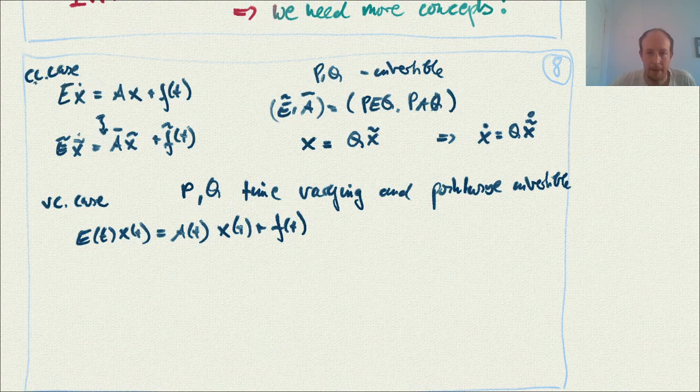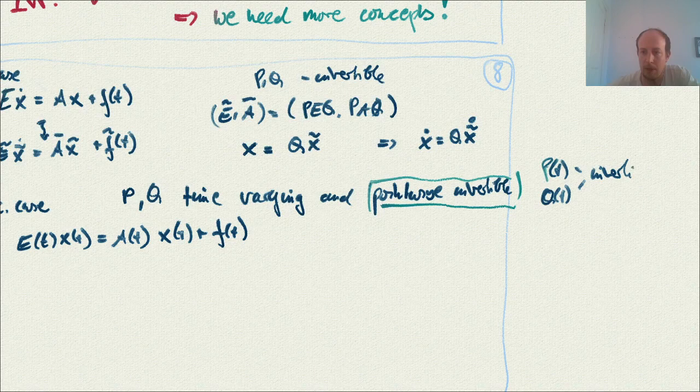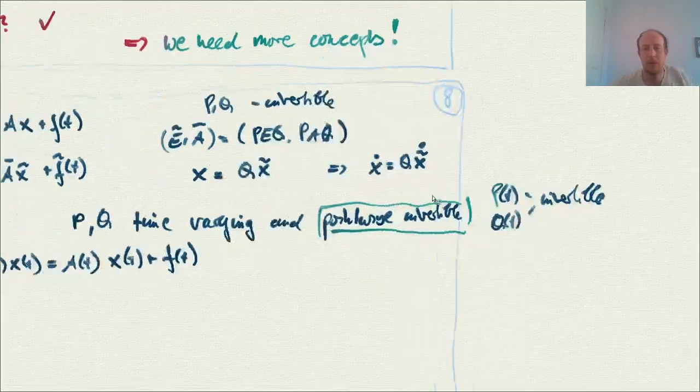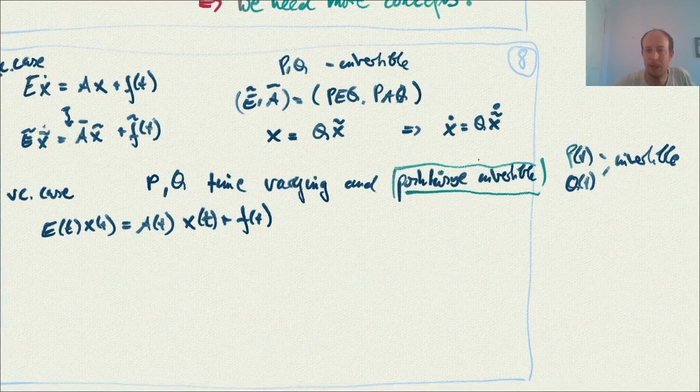So pointwise invertible means that for every t, p of t and q of t are invertible. This makes a lot of sense. So we can't do without that, because if they're not invertible, like the zero matrix, and if we set something to zero here, we cannot recover this anymore. So pointwise invertible is important.